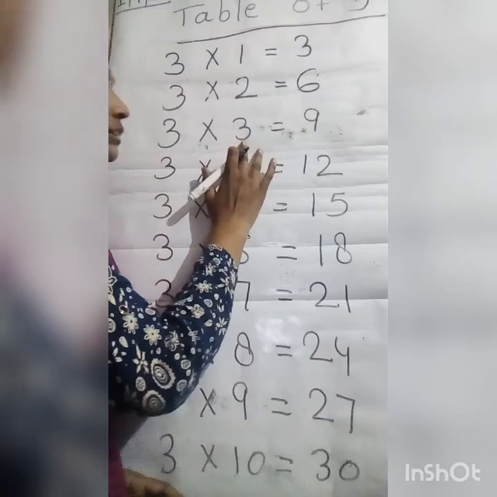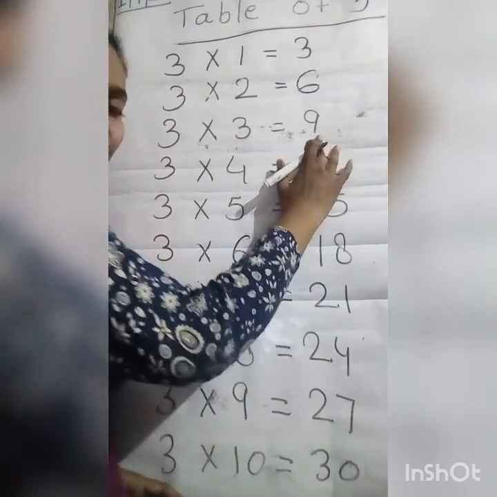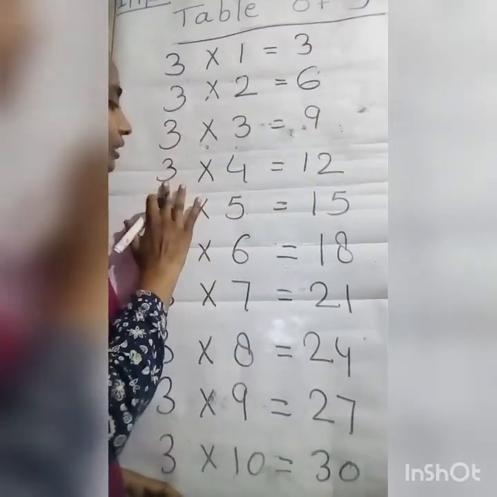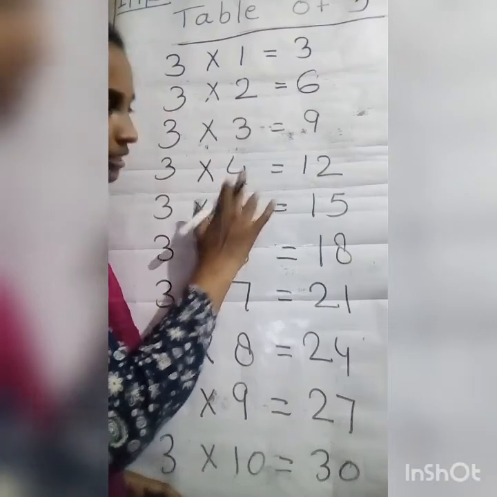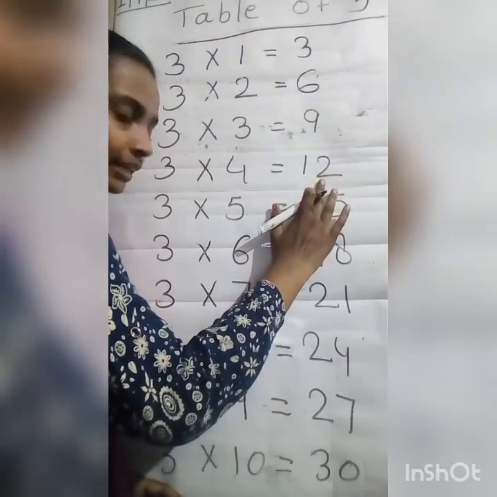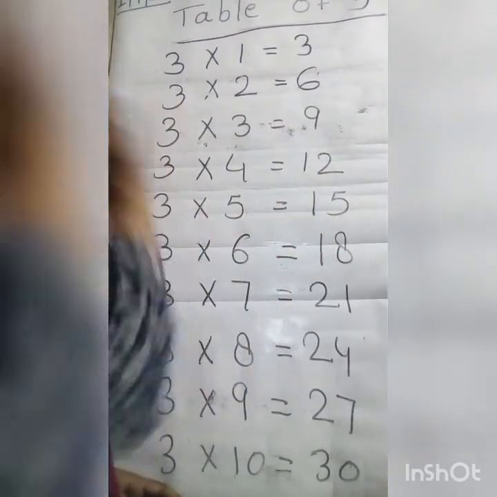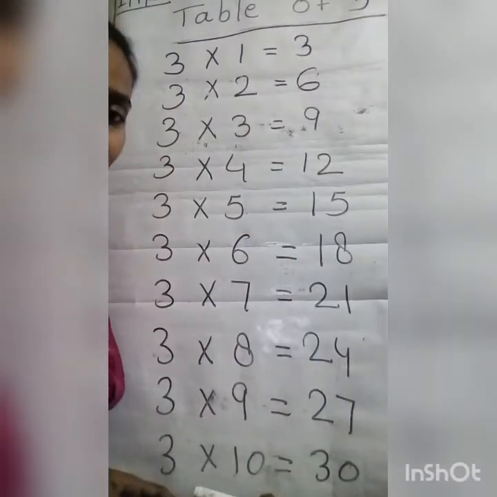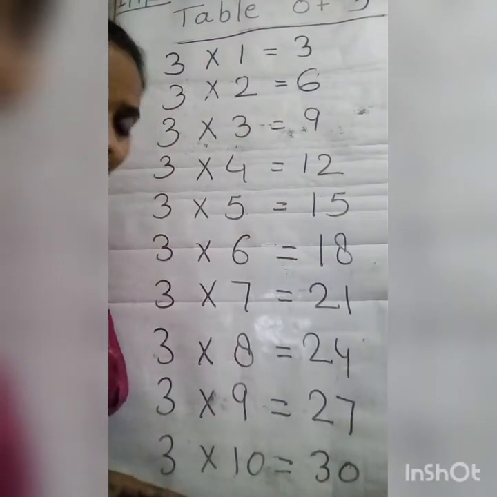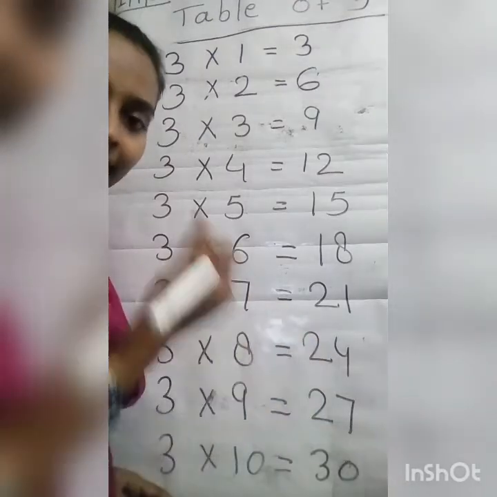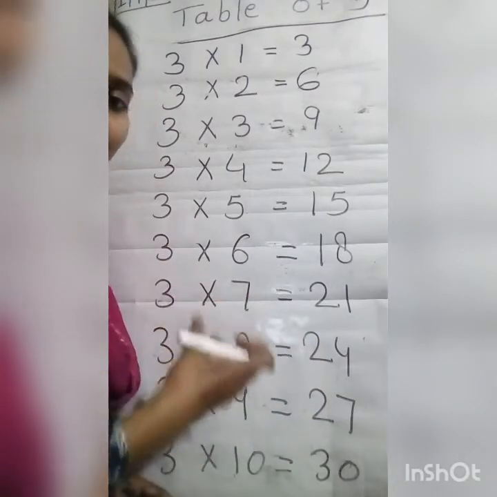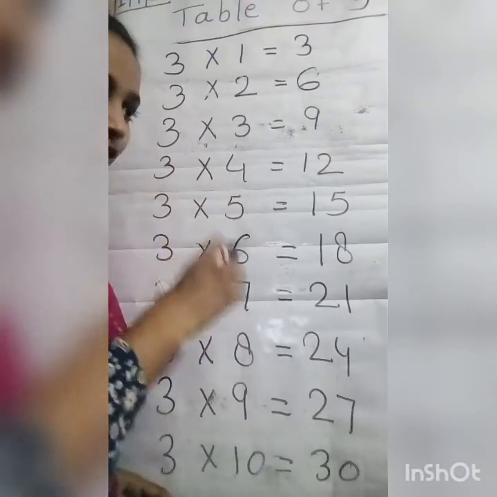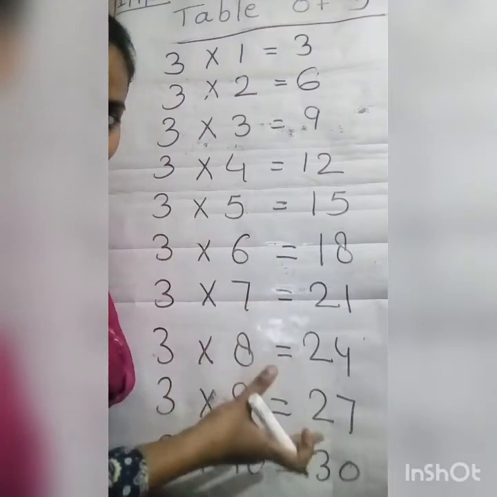Then 3 added 3 times, the sum is 9. Then 3 added 4 times, the sum we get is 12. So similarly this table is made and you all have to learn it so that you can easily make tables and you don't have to waste your time.